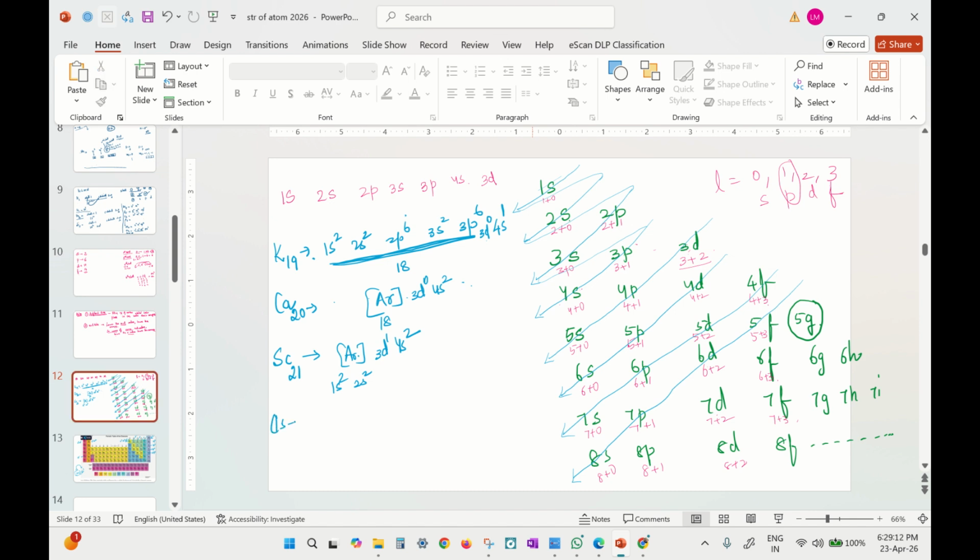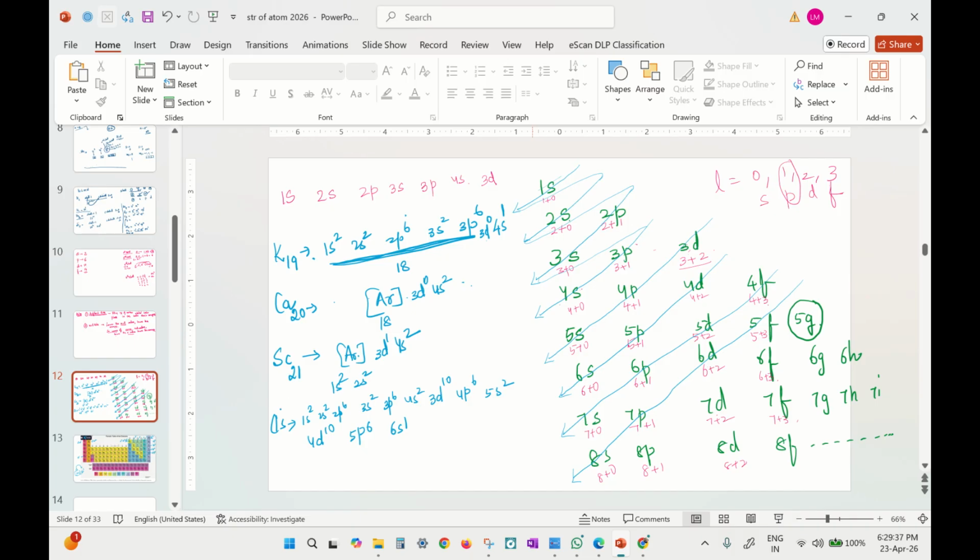For cesium: 1s2, 2s2, 2p6, 3s2, 3p6, 4s2, 3d10, 4p6, 5s2, then 4d10, then 5p6, and then 6s1.